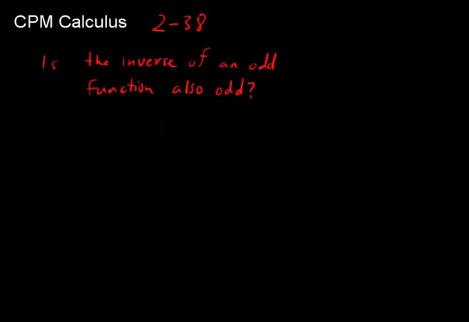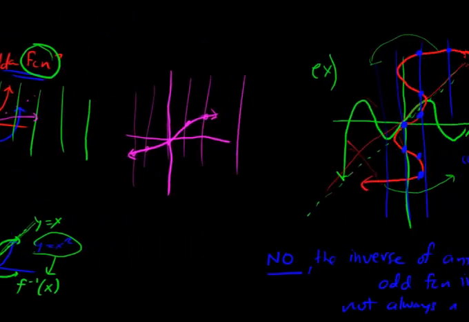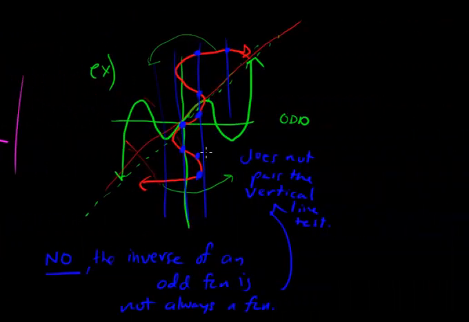Part 2: is the inverse of an odd function also odd? Even if we took that last example and go to the right, once we get what's in red, this is no longer a function, but is it odd? If we rotate this around 180 degrees so it's upside down, do we get the same red function again? Yes, we do.